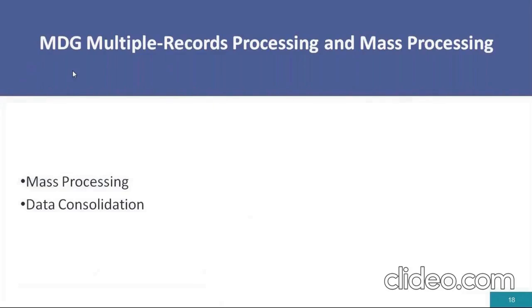I think in ECC, MDG 9.2 also, it is available. The purpose is that data consolidation helps in mass data creation, whereas mass processing helps in mass data change. Now it has a lot of different configuration involved that we will talk about.